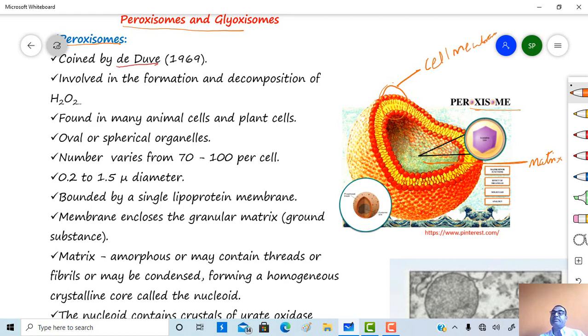So a typical cell membrane is present, and this membrane encloses a matrix in which crystals of urate oxidase are present, which are generally present in the peroxisome.